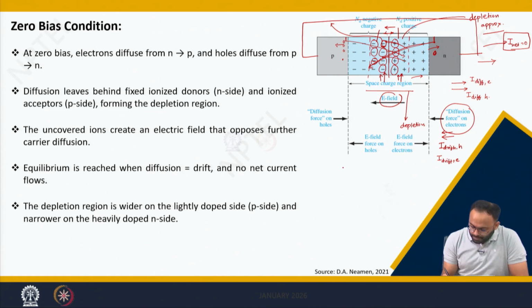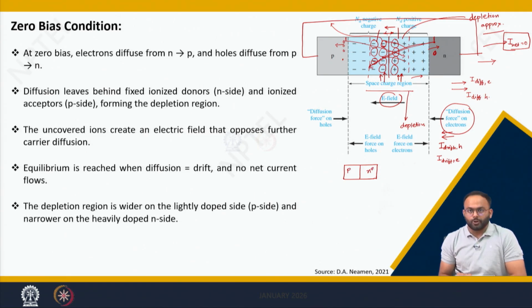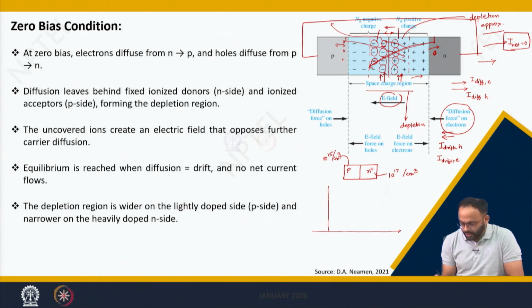Let us consider our example where we said that we have a PN junction where N is heavily doped and P is lightly doped. Let us consider the doping concentration of N is 10 to the power of 17 per centimeter cube, and this is, let us say, 10 to the power of 15 per centimeter cube. Now, can I show this concentration of holes and electrons on a scale? If I really want to show the concentrations of holes and electrons, then I need to choose a log scale.